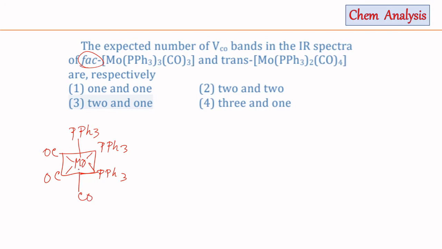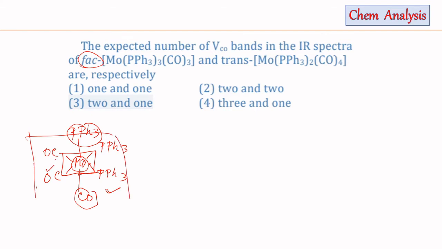Now we have to find out the point group, and for that you have to see the number of symmetry elements present in this complex. You can see there will be one sigma v plane containing this PPh3 ligand, this molybdenum center and this carbonyl, and it will cut this molecule into two equal halves.